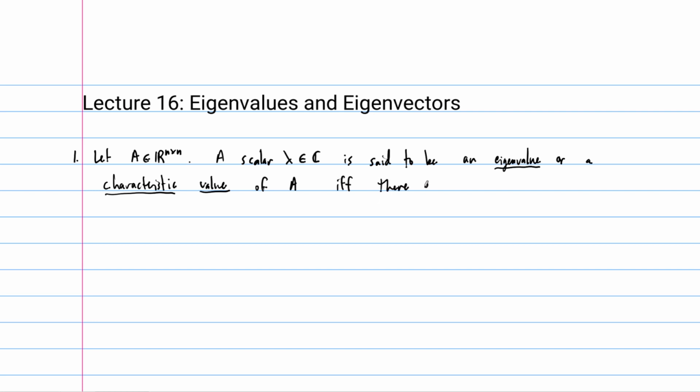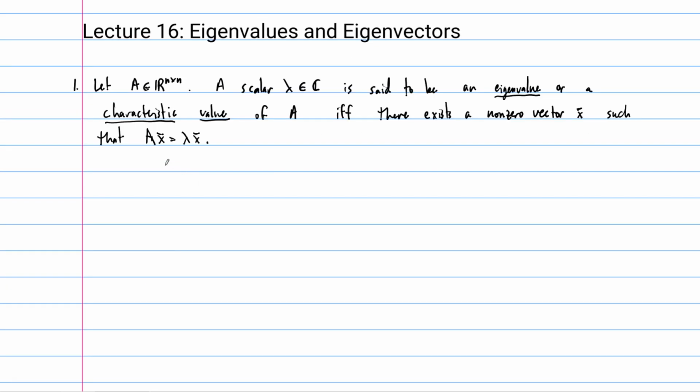If and only if there exists a non-zero vector x such that A times x is equal to that scalar lambda times x.